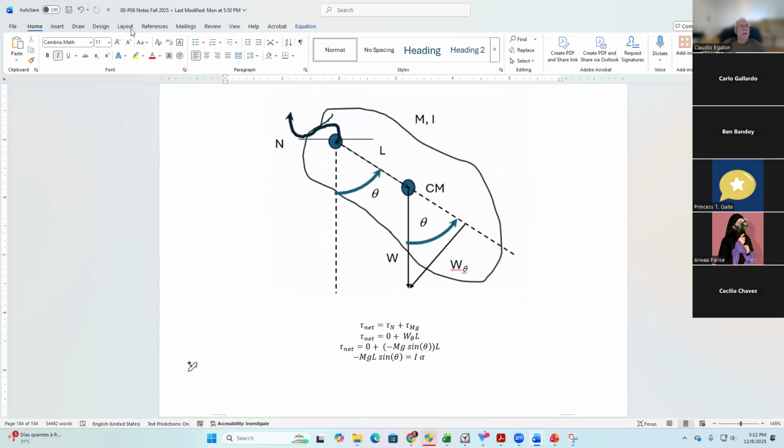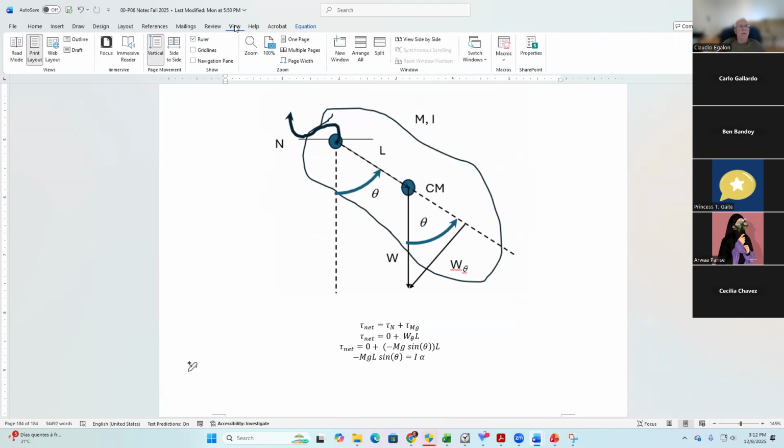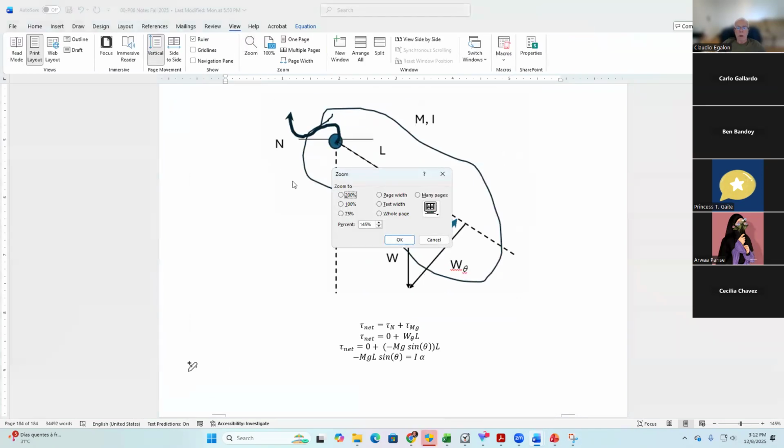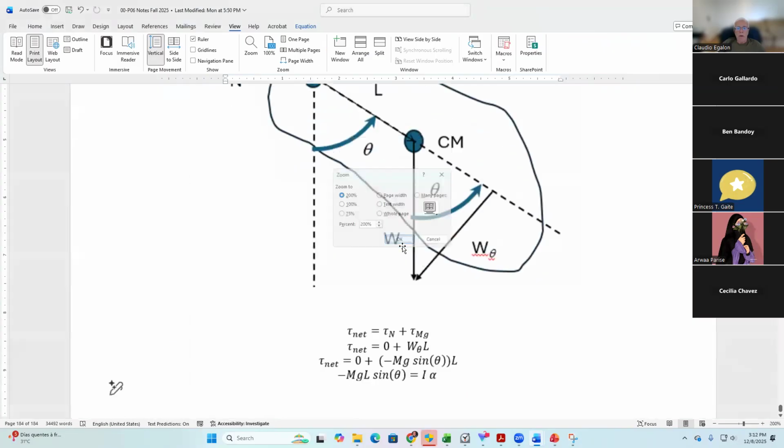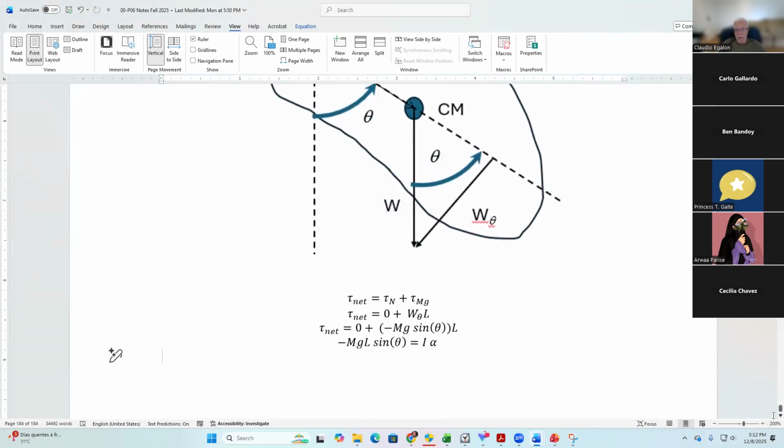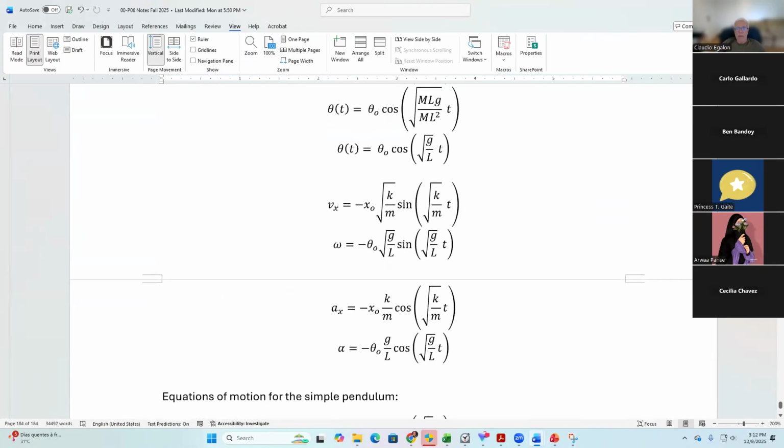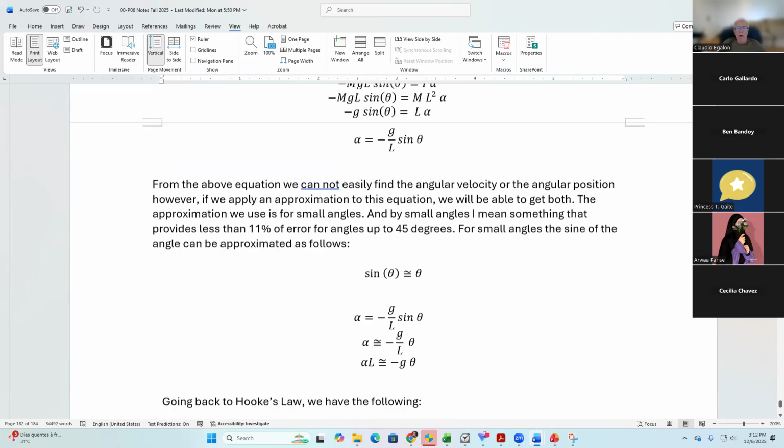Let me zoom in. View, zoom 200. Like that. And now, let's put side by side what we did before.